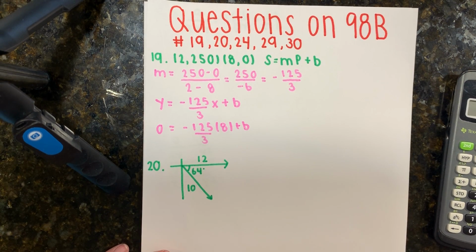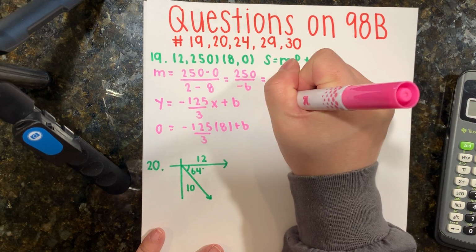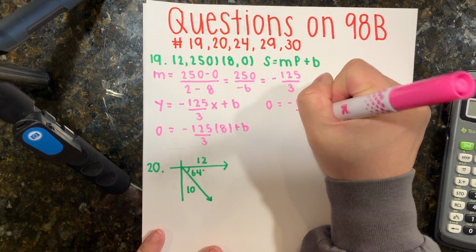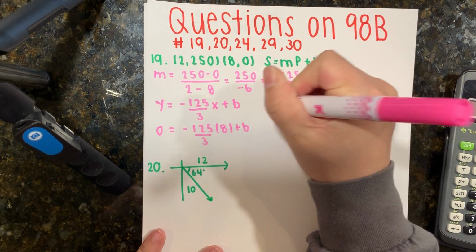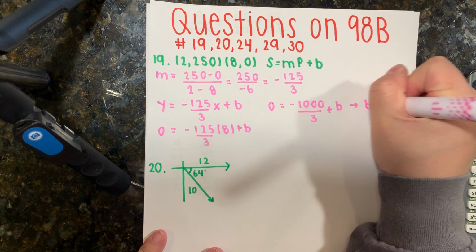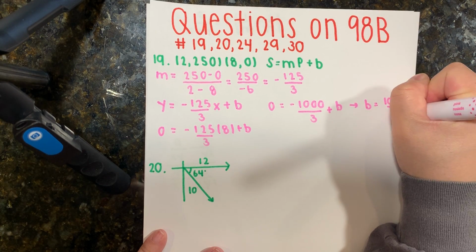Now 125 times 8 will give us 1,000, which means that I would have 0 equals -1,000 over 3 plus b, and when that moves to the other side, it becomes positive, which means that my b is going to be equal to positive 1,000 over 3.